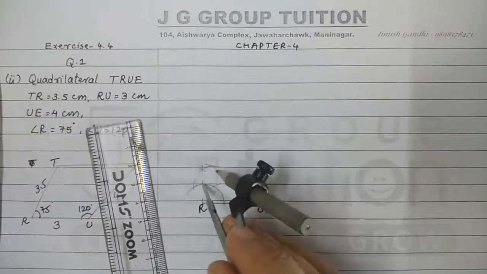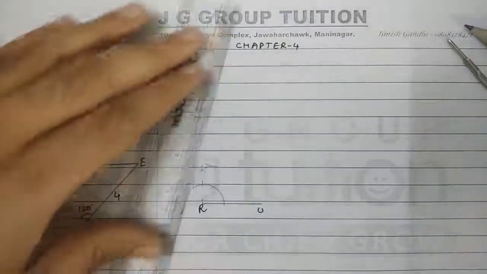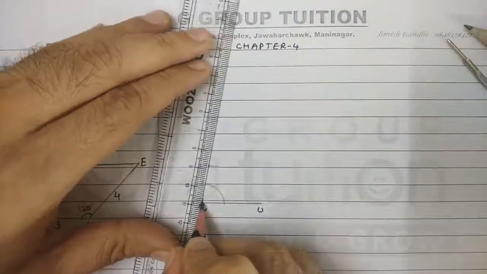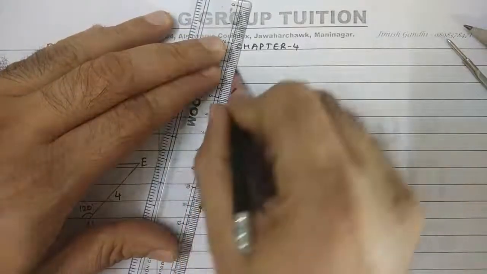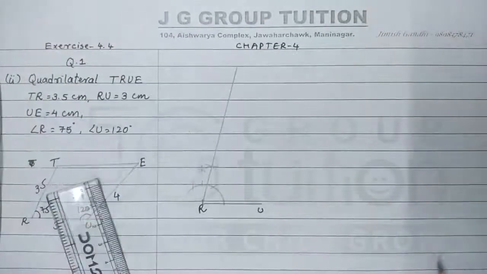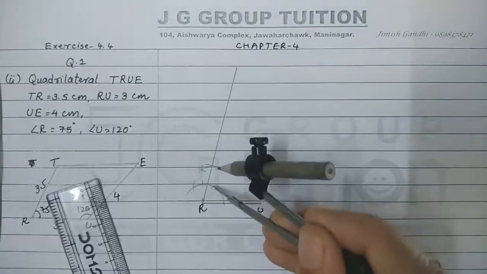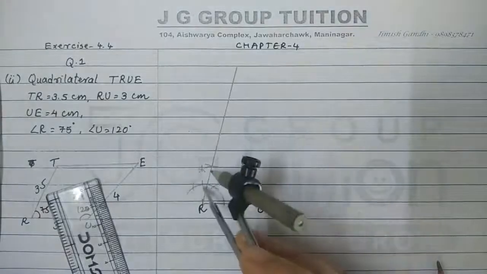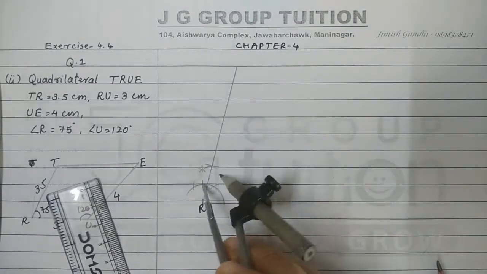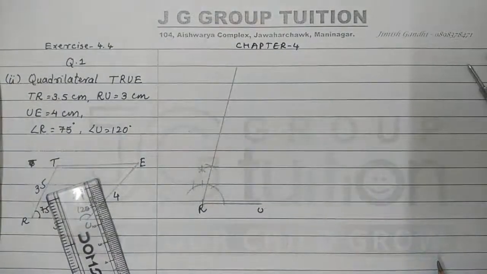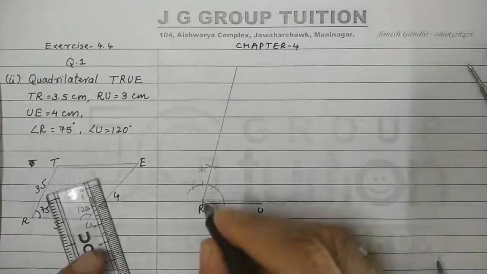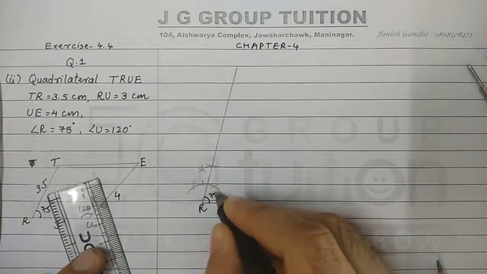These both intersecting points form 75 degree. One more time, 75 should be obtained: one arc we constructed from 60 degree and another we construct from 90. Fine. So this angle R we obtain, that is 75 degree.